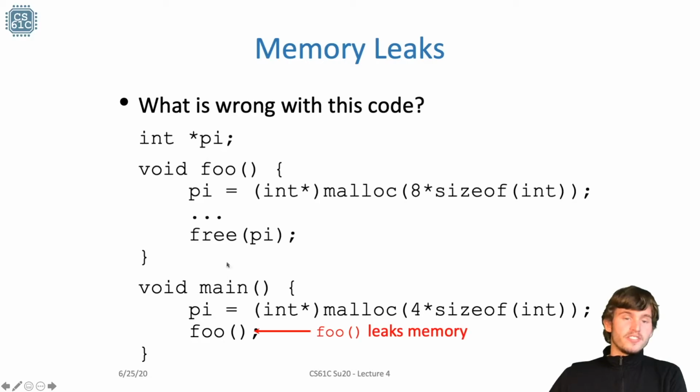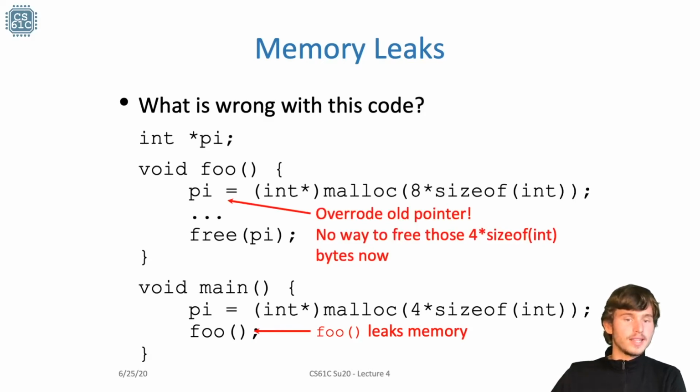Because this is a global variable, this pi will overwrite whatever was allocated here, which means when we do this free, we only free this malloc operation, we never free this one. So now we've just had a memory leak of size 4 times sizeof int bytes.